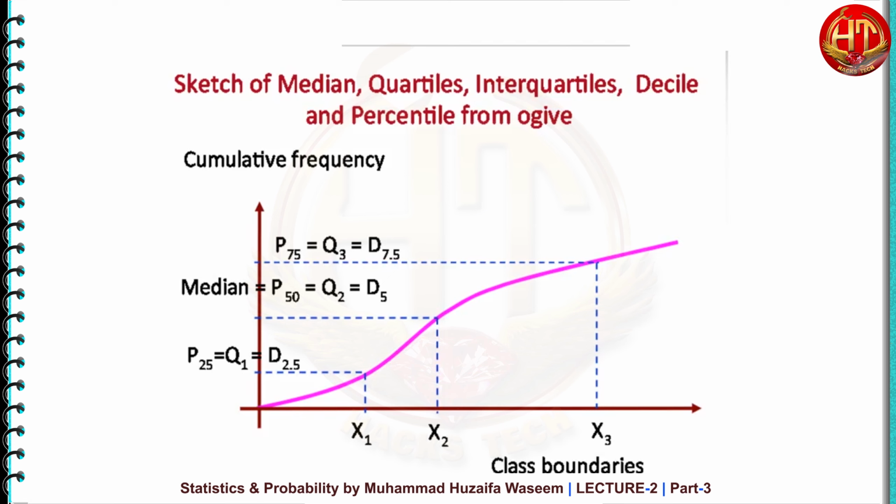Okay, and then from the point of intersection, draw a line perpendicular to the horizontal axis which meets the x-axis. So this point is your first quartile, or maybe the second percentile, or maybe the 50th percentile.